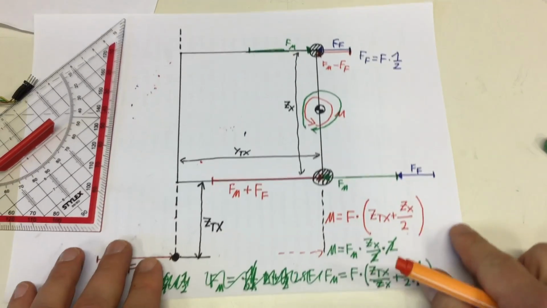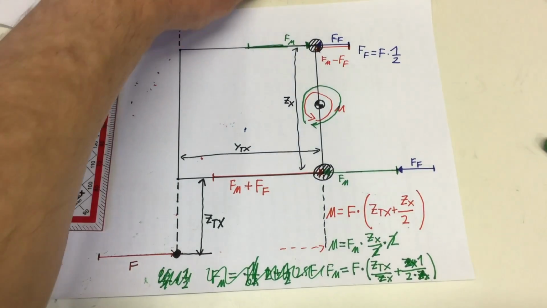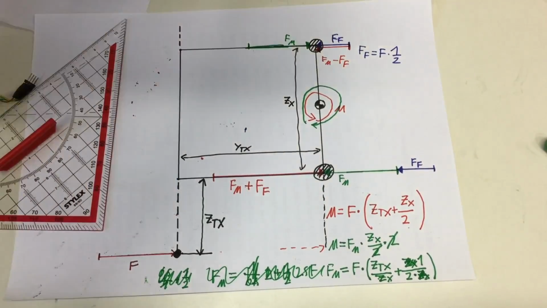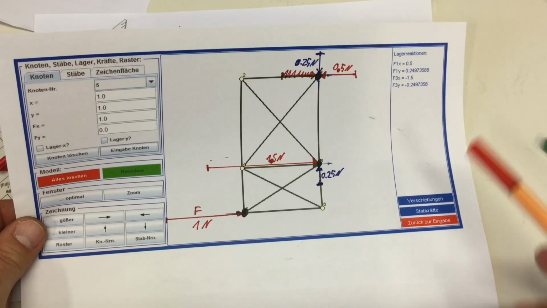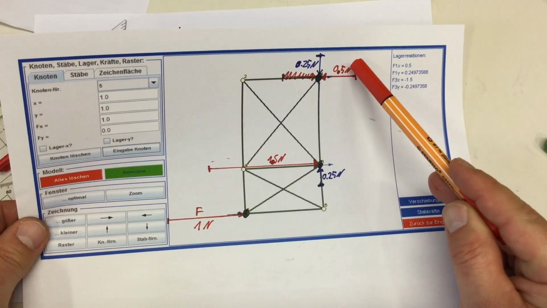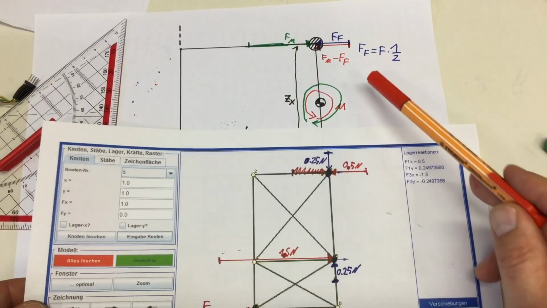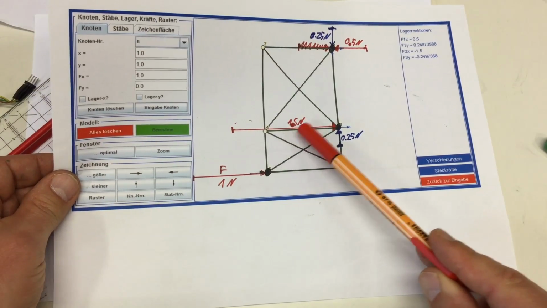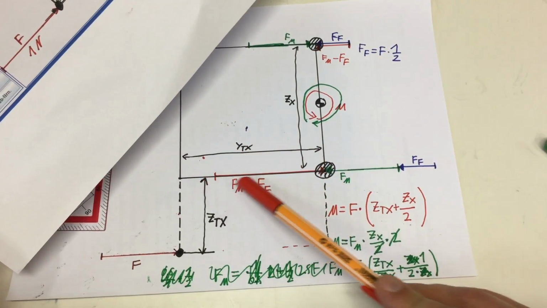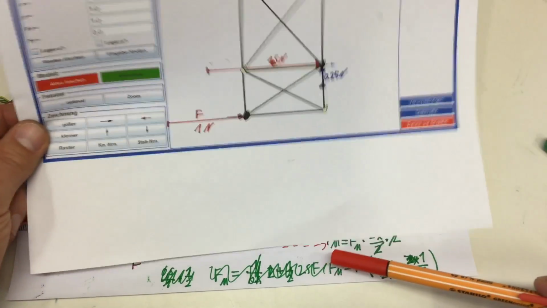Let's have a look at what our software calculated, if I can find it. The sheet is over here. Yeah, 0.5 newtons. Yeah, so 0.5, or in our drawing here 2.5 centimeters, that direction, and 1.5 newtons, so in our scale 7.5 centimeters in that direction.